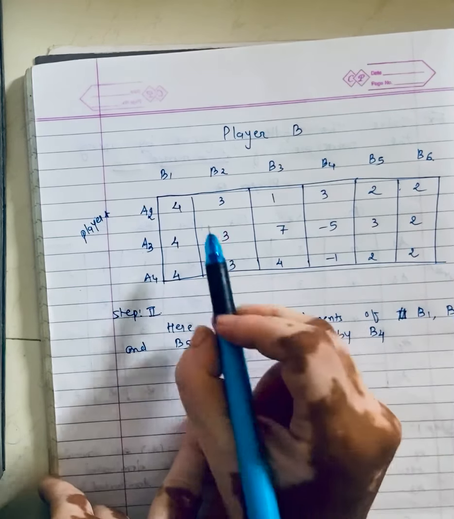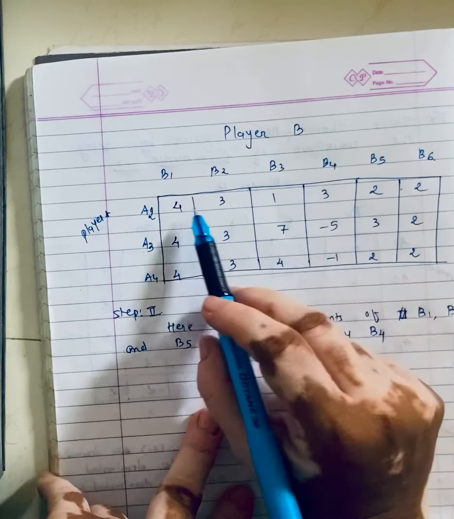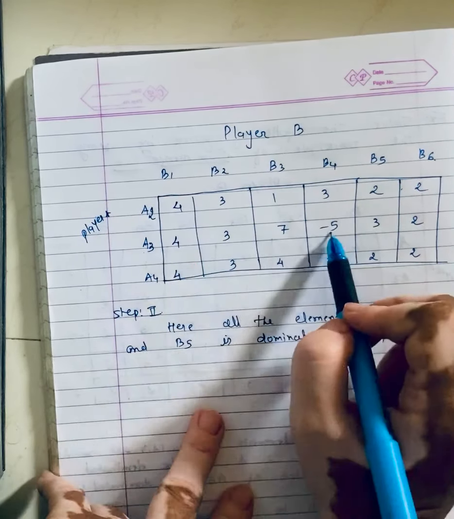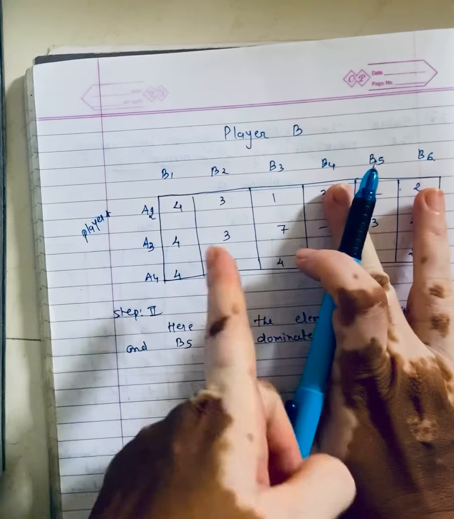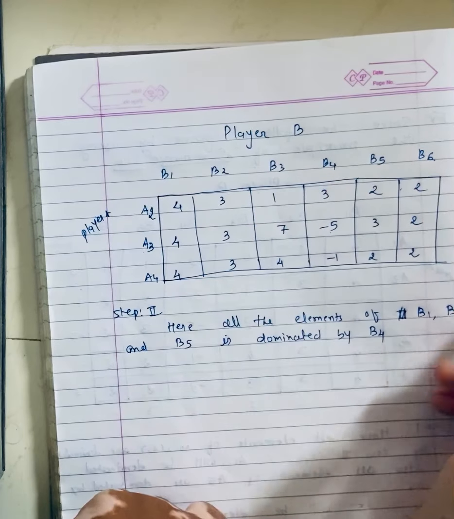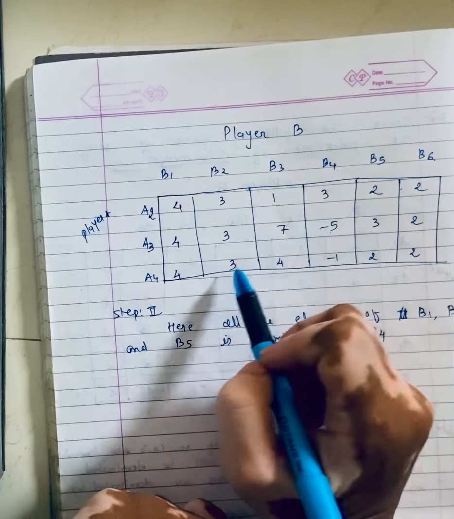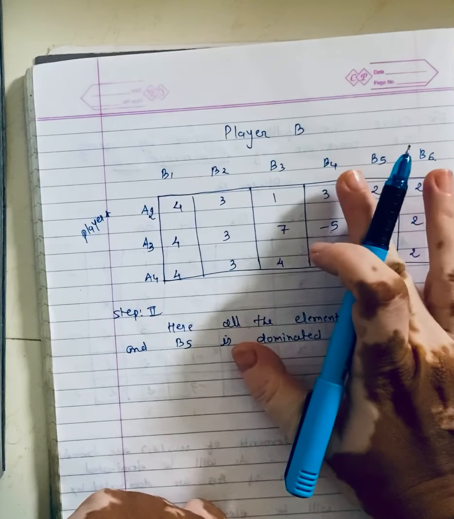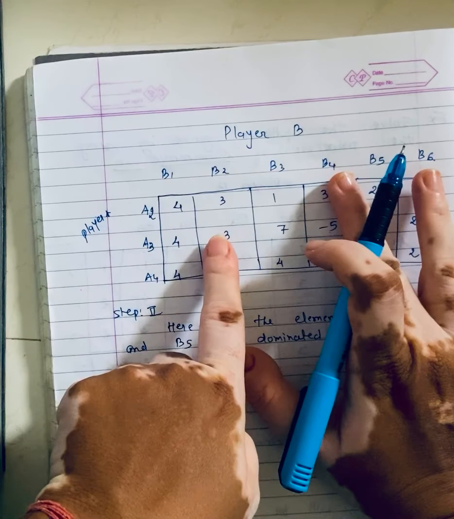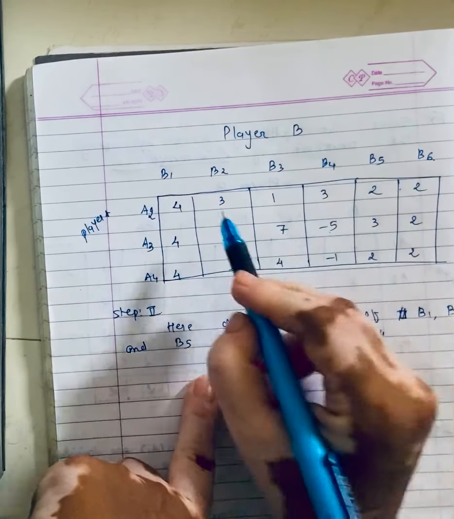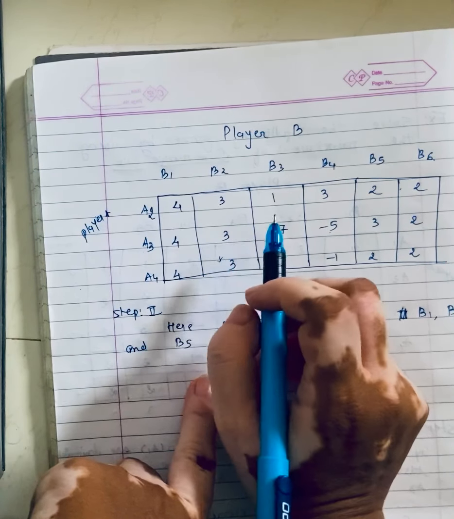Let's check B1. B1 is greater than B4: 4, -5, 4, -1, meaning the elements of B1 are greater than the elements of B4, so B1 will be eliminated. Similarly we check B2: 3, 3, 3, -5, 3, -1. The elements of B2 are larger than the elements of B4, so B2 will also be deleted.